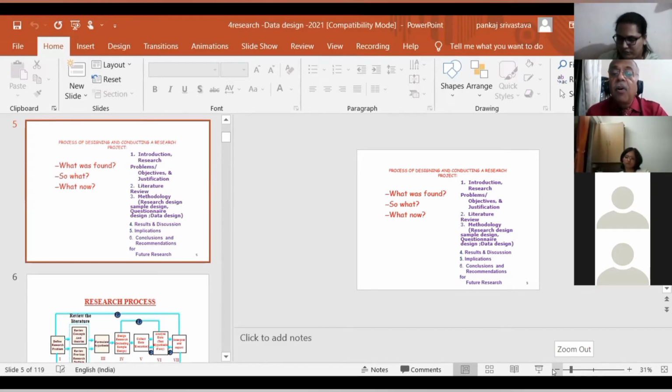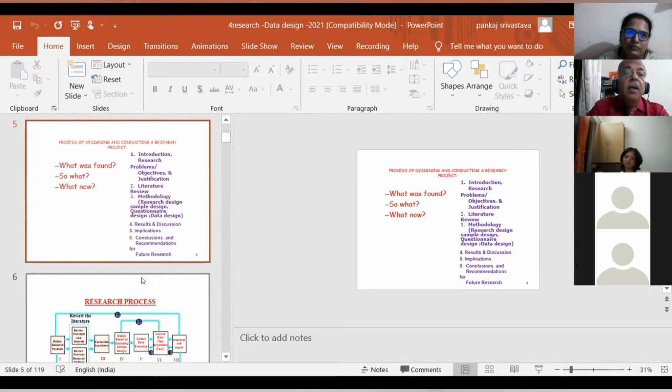After literature review comes the identification of variables, which you have covered earlier, and then after identification of variables comes developing the theoretical construct, then comes hypothesis, and then comes methodology. Clear? This is the format.